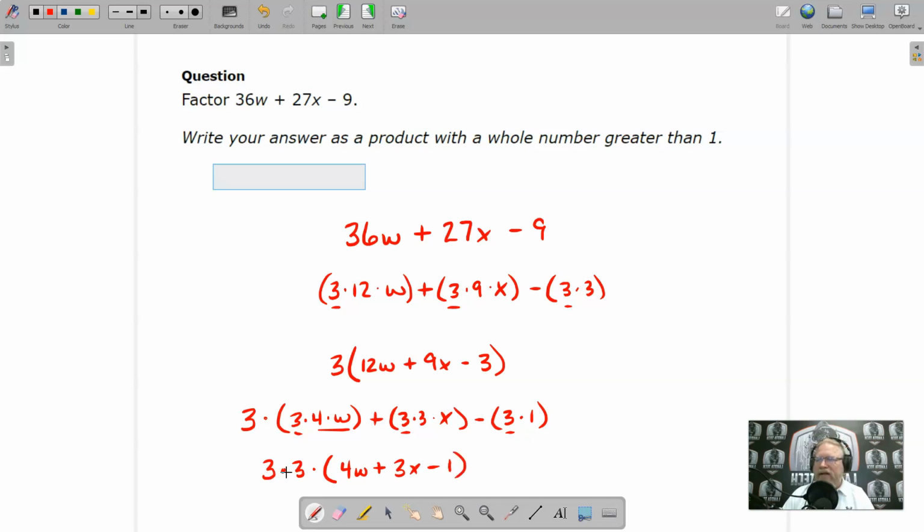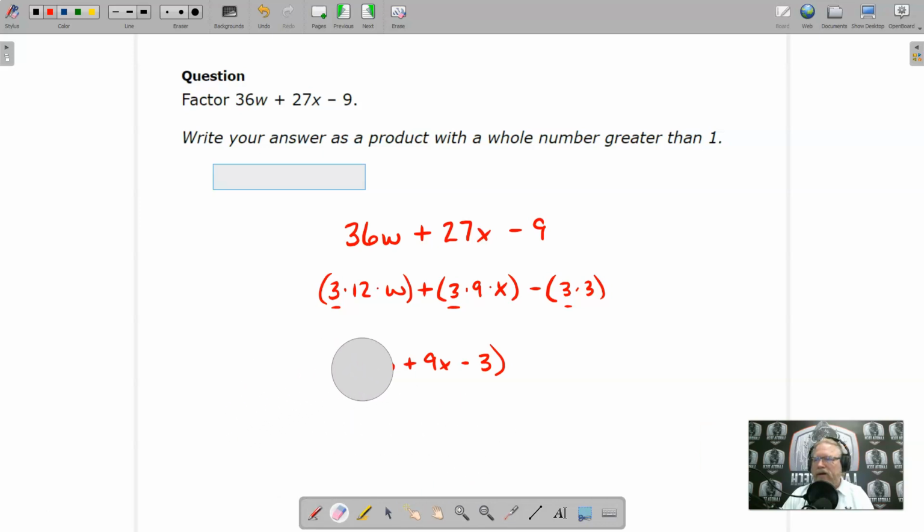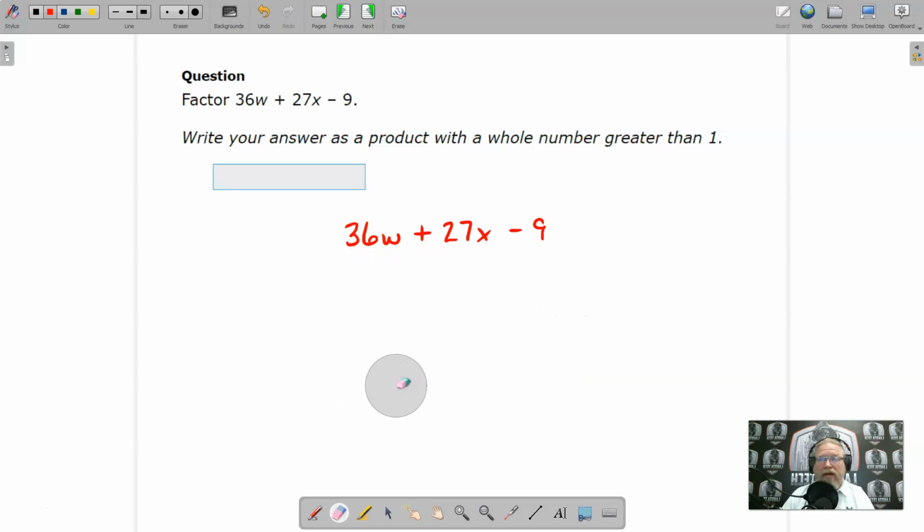Now I can simplify this 3 times 3 right here and put that as 9. But instead, let's go back and look at this. I just wanted to demonstrate how if you pull a factor out and then you look again and you realize, wait a second, I could find another factor to pull out of there. So let's suppose that we realize, oh, 9 is a factor of all of these.